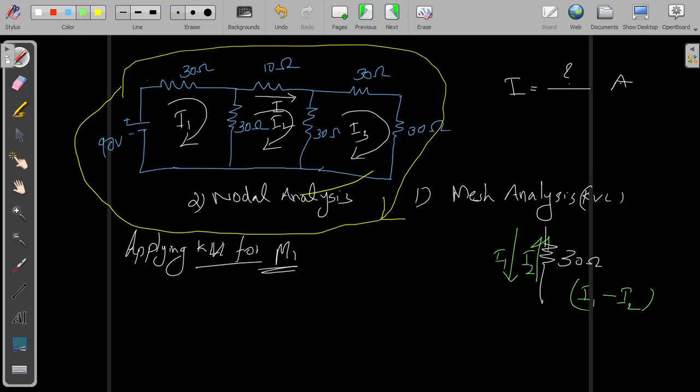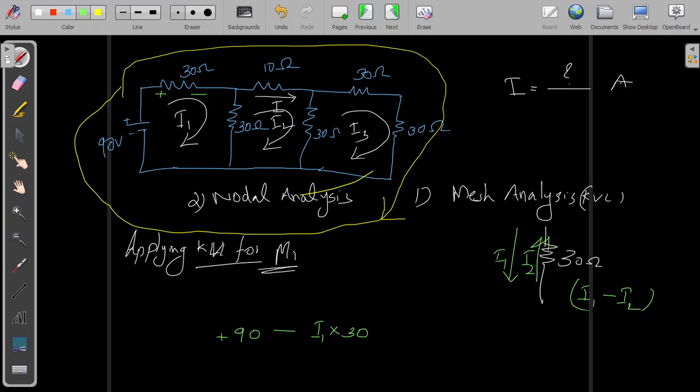That means plus 90, I'm taking the old convention that you know. Then I1 is in clockwise direction, and we are also moving in clockwise direction, so the voltage polarity will be plus minus, that is falling potential. So minus I1 into 30, that is the voltage drop across 30 ohm.